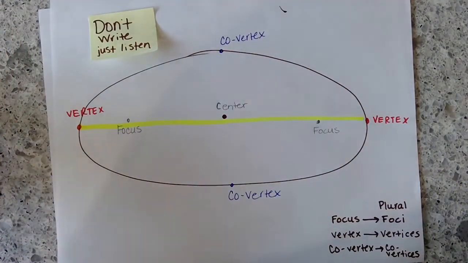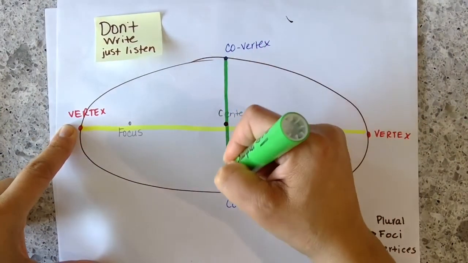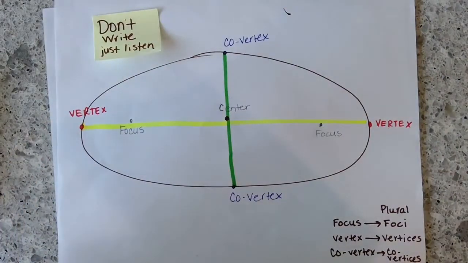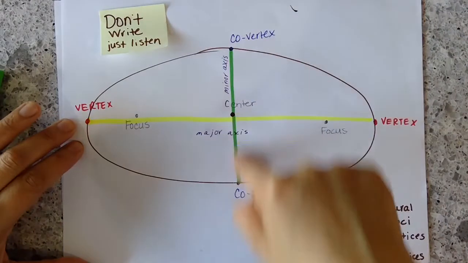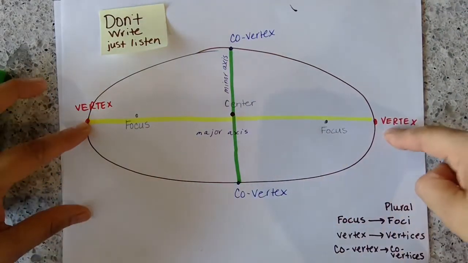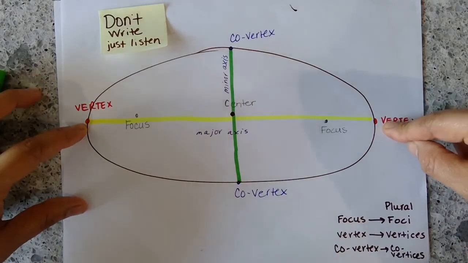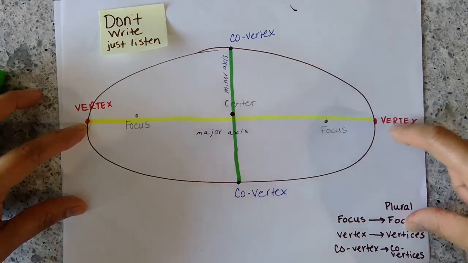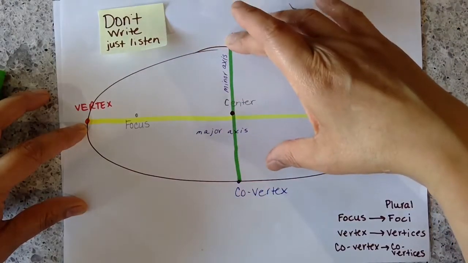And of course you have your minor axis. Can you guess which one is your minor axis? Yes, that's correct. This would be your minor axis. So we have your major axis, your minor axis. You have your vertex, which always falls on your major axis. The plural form of vertex is vertices. And again, your co-vertices lie on your minor axis.